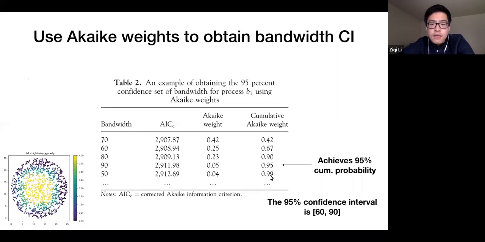To get the 95% confidence interval for the bandwidth, we calculate the cumulative Akaike weight, and when the cumulative probability achieves 95%, we stop. And then we include these bandwidths into the confidence interval. So basically that will include 60, 70, 90, and 80 in the confidence interval. Similarly, we can get a 99% confidence interval if we include the 50 in this case, because the cumulative Akaike weight achieves 0.99.